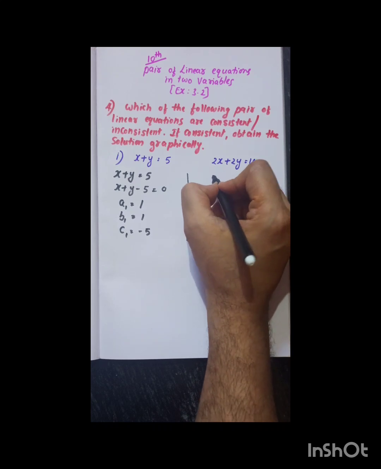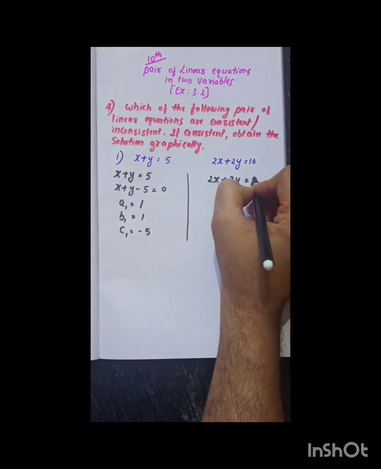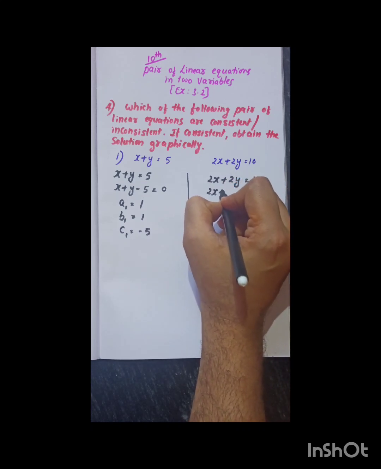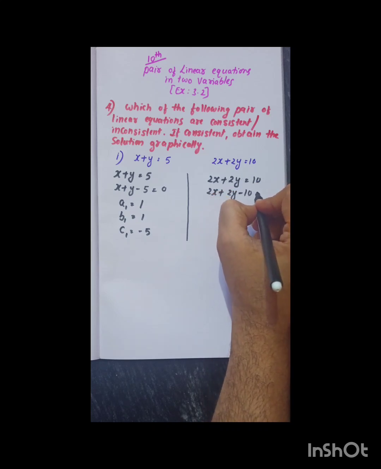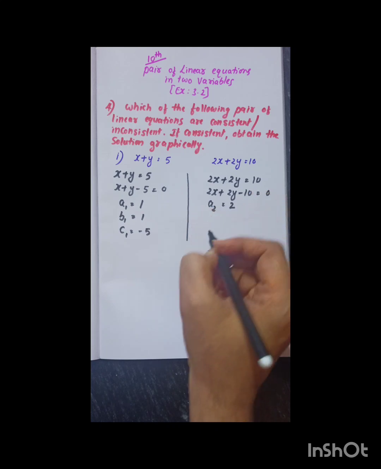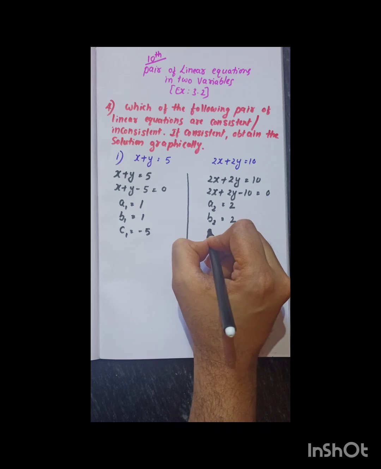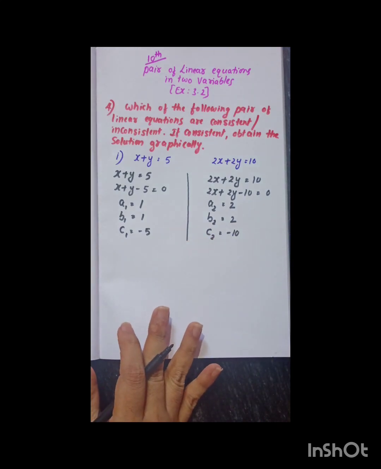In the same way here, 2x plus 2y equals 10. 2x plus 2y minus 10 equals 0. A2 equals 2, B2 equals 2 and C2 equals minus 10.